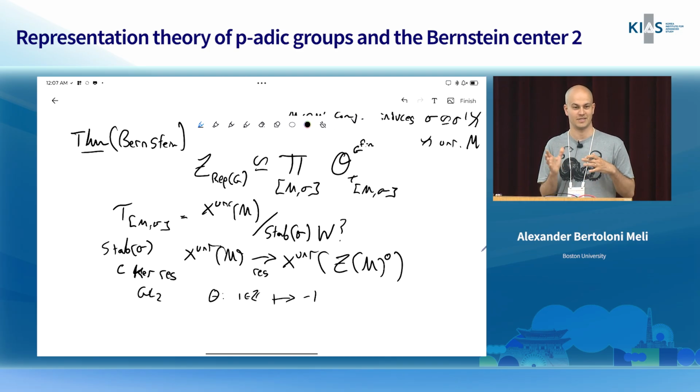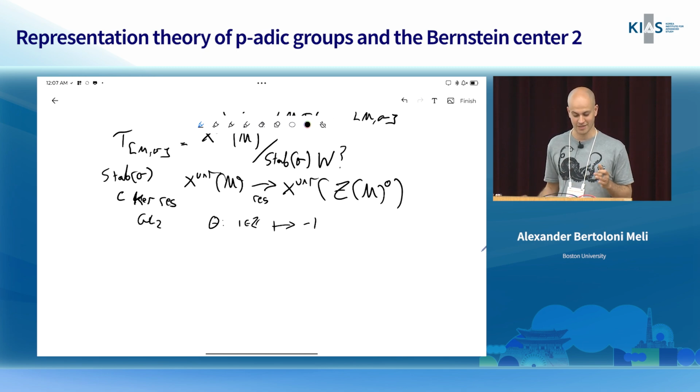If you think about how this character will act, it will fix certain supercuspidals that come from a degree 2 unramified extension. I wanted to say something about this because you see this stabilizer showing up, and there are simple examples of it.